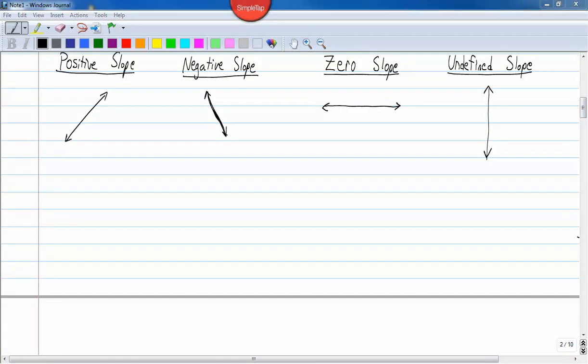We have several ways that we can write the slope of a line. One way of writing the slope of a line is in a form called point-slope form of the equation of a line.